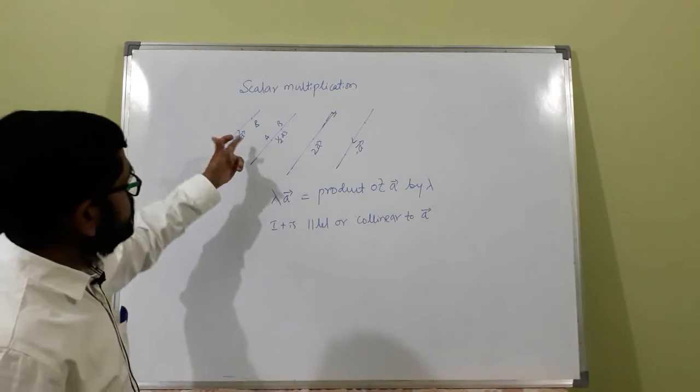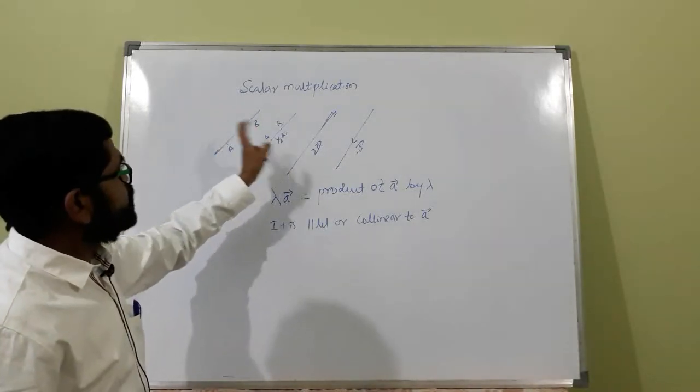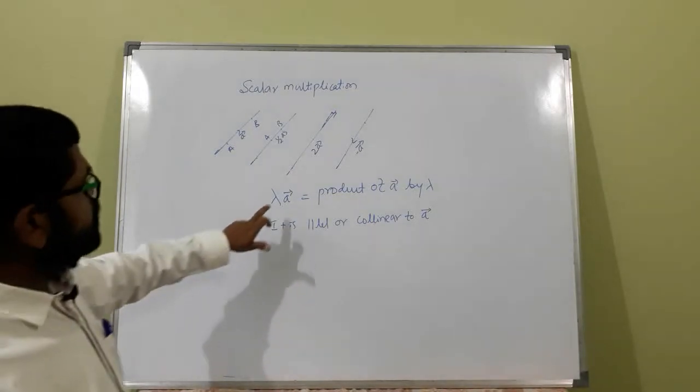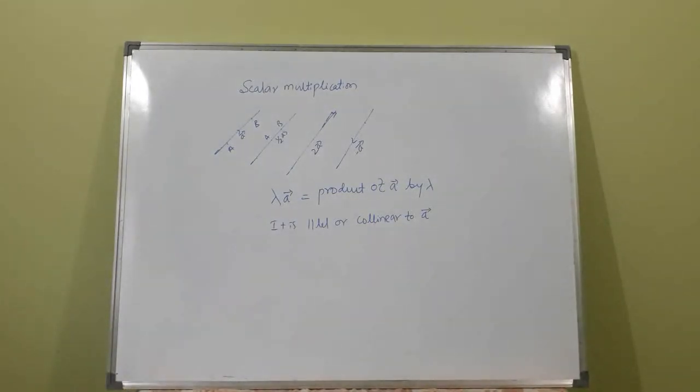Suppose you change the direction with the same magnitude, then that will be exactly negative of A. In other words, generally lambda A is the product of vector A by scalar quantity lambda. This lambda A and A are parallel or in the same line.